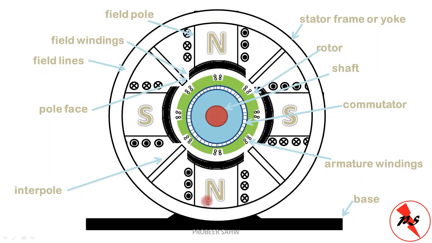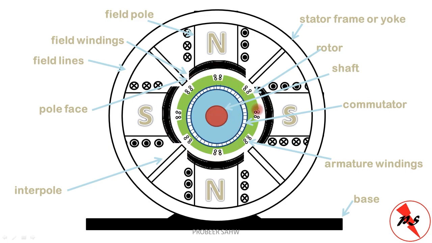So this is the story so far. We have an outer frame or yoke. On it we have field poles. On the field poles, field windings are wound, due to which north and south poles are created. We have the pole face shaped in this manner so that the air gap between the rotor and field poles is minimum. We have a rotor supported on a shaft.